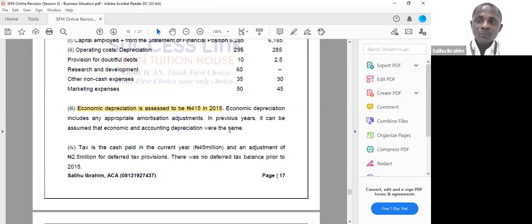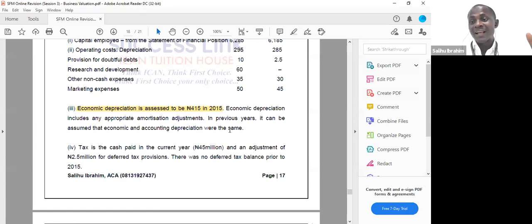I made mention of the fact that accounting profit can be manipulated through accounting depreciation. If managers want to increase profit, then they should find a way of reducing depreciation, isn't it? So if depreciation is reduced, profit will be maximized. Now, because of this, EVA does not recognize accounting depreciation.